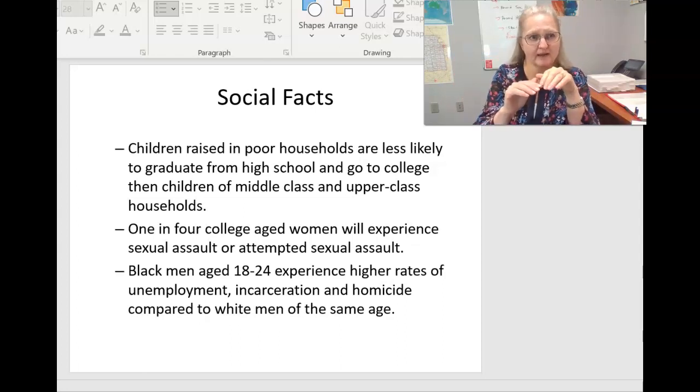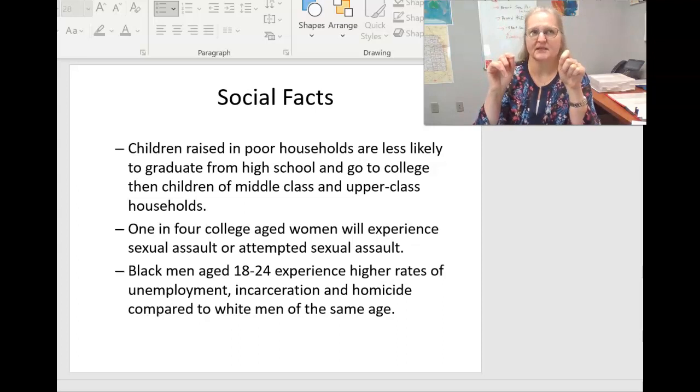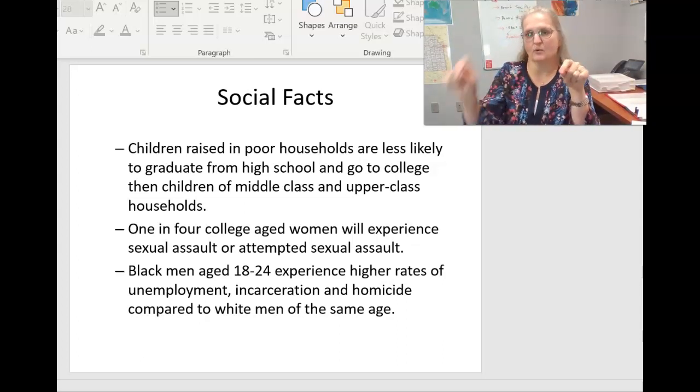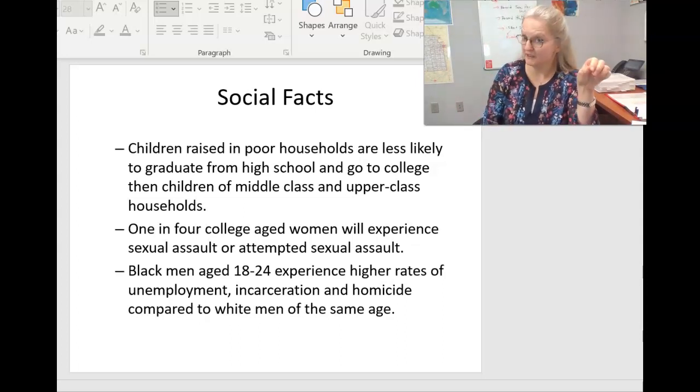When we talk about function in society, it may be a situation of dysfunction. In that case, sexual assault may be the dysfunction. So what's not working right? The same thing with the previous one: the dysfunction may be that poor kids don't go to college. So what would we change in society to fix that dysfunction?